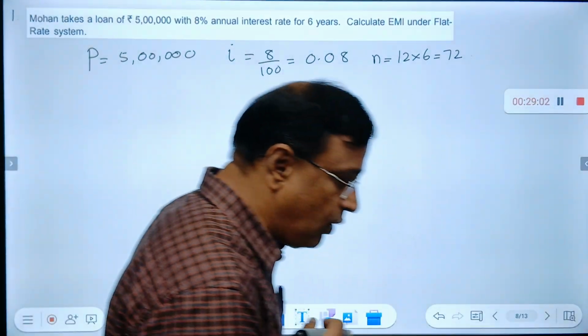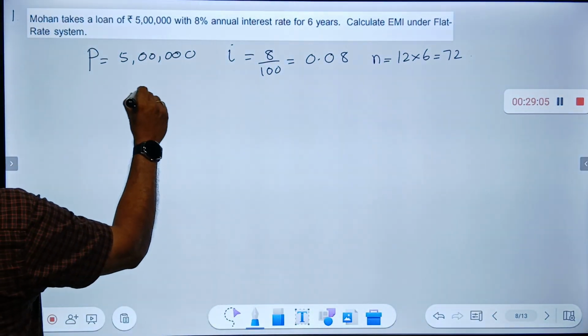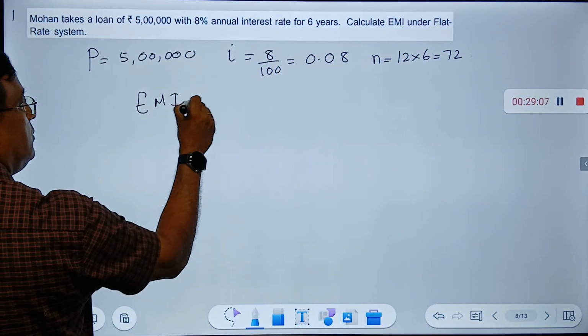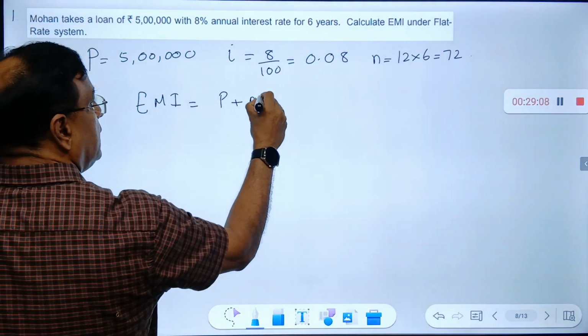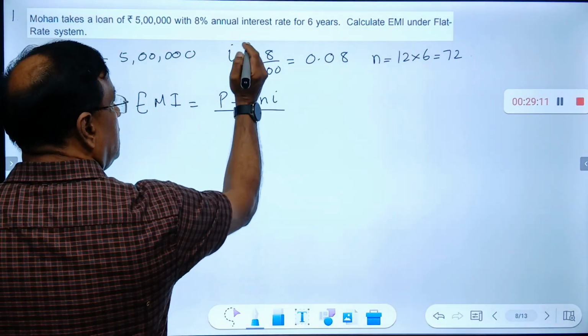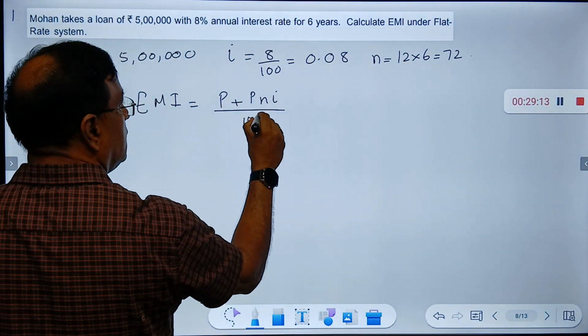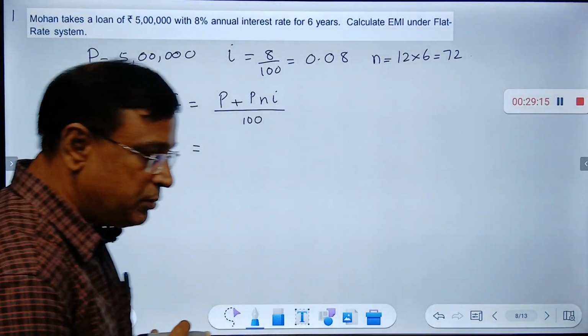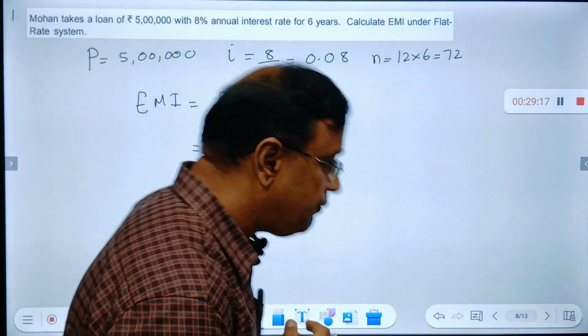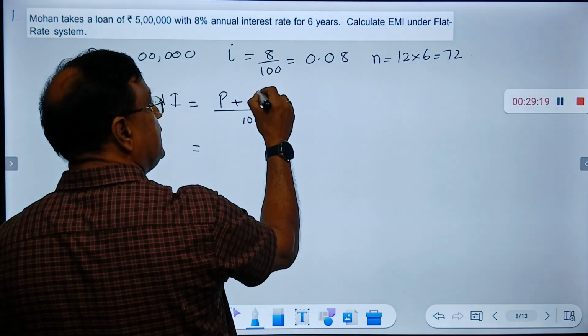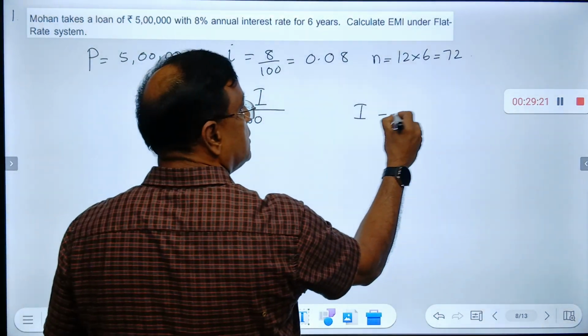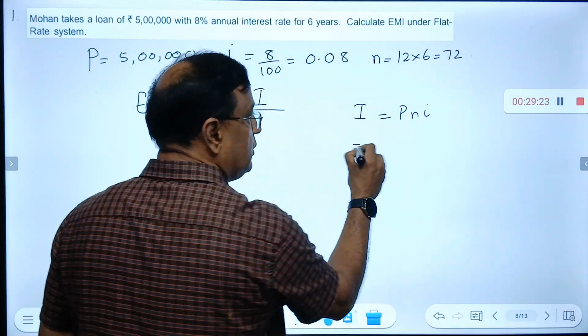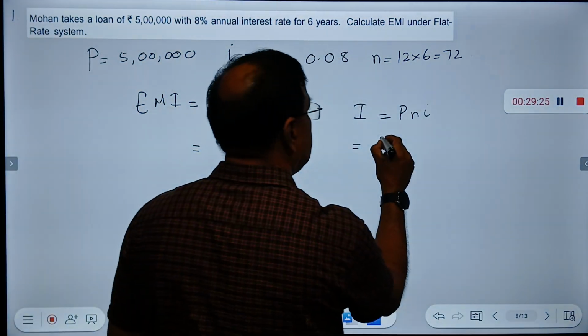So now what is the formula for EMI? EMI equal to (principal plus PNR over 100) divided by n. Here first let me call this as I, interest, where I is PNR over 100. Now what is the interest? How do I calculate interest?